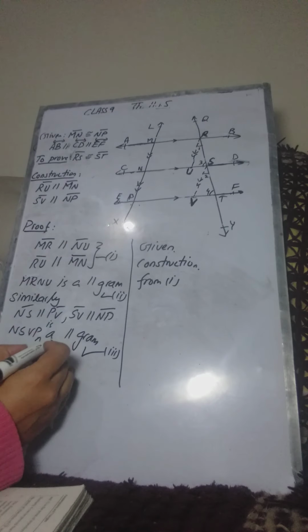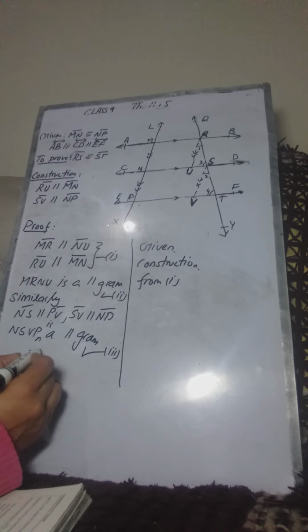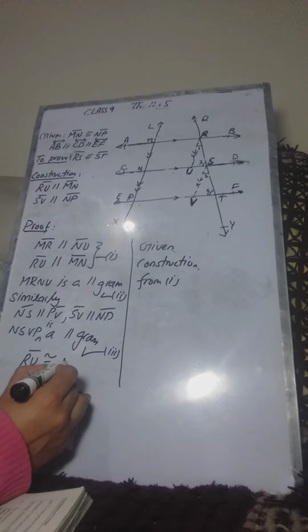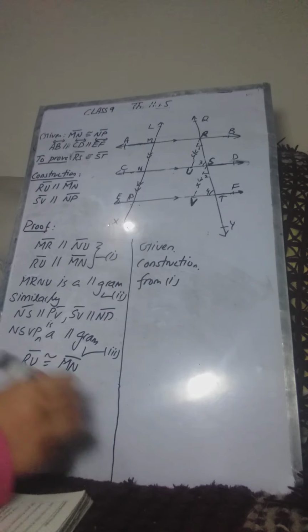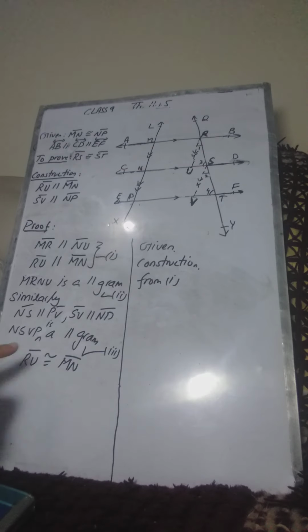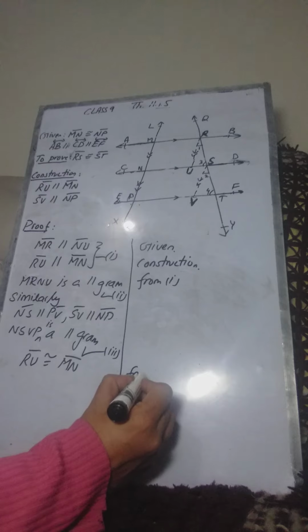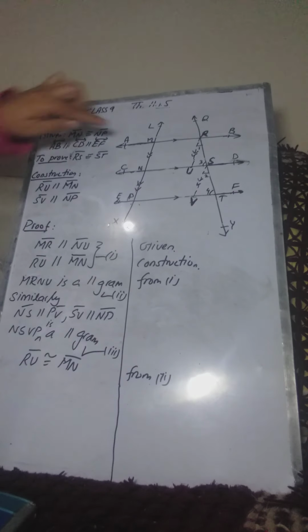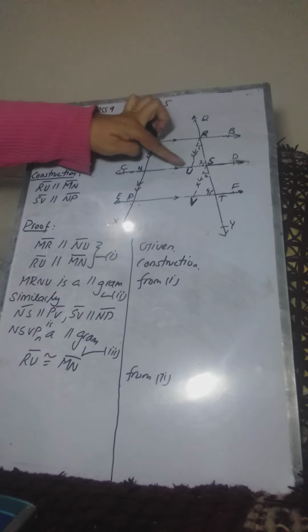RU will be congruent to MN because, from 2, RU and MN are the opposite sides of this parallelogram.